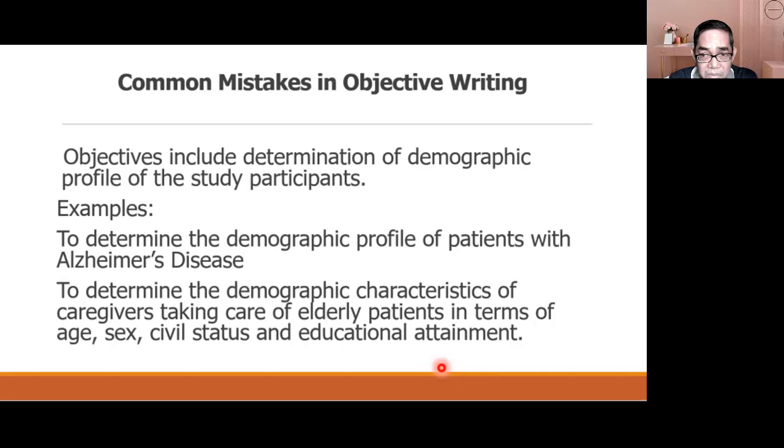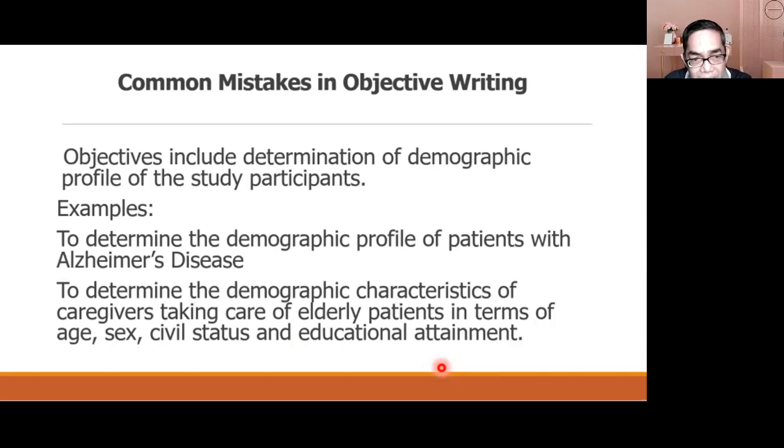So you can make that as an objective because specifically, you don't know who are the people affected by this COVID-19. You might want to know their demographic characteristics. So you can make that as an objective because that precisely is the objective of your study, to determine the demographic profile.